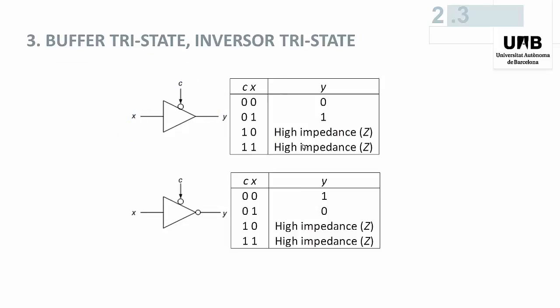Another possibility is that the control signal is inverted, which is represented by this small circle. Then the output y is in high impedance when c is equal to 1, and the circuit transmits or inverts the input when the control signal is equal to 0.